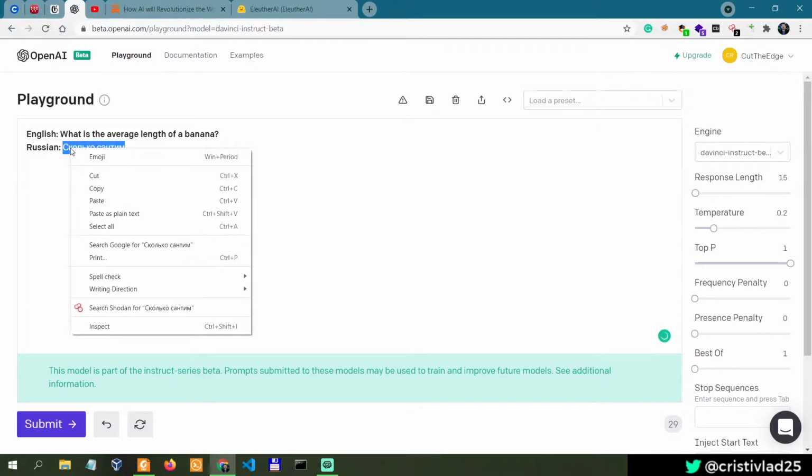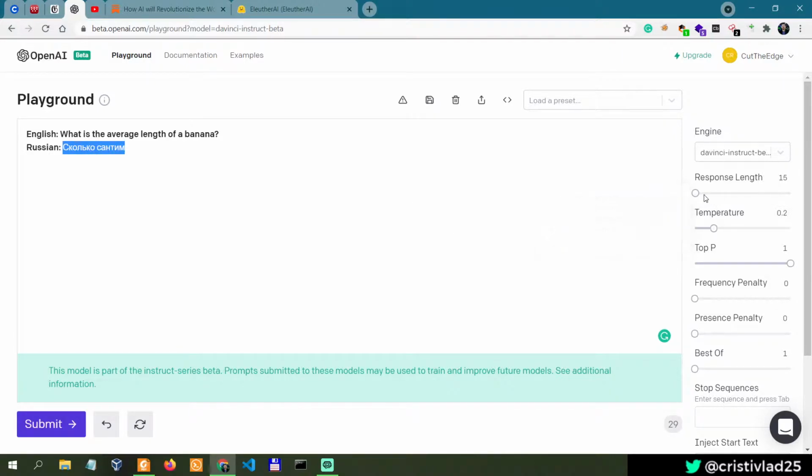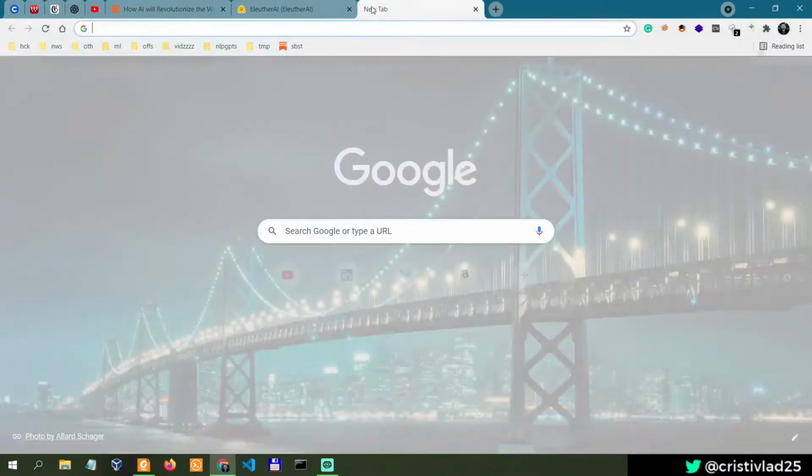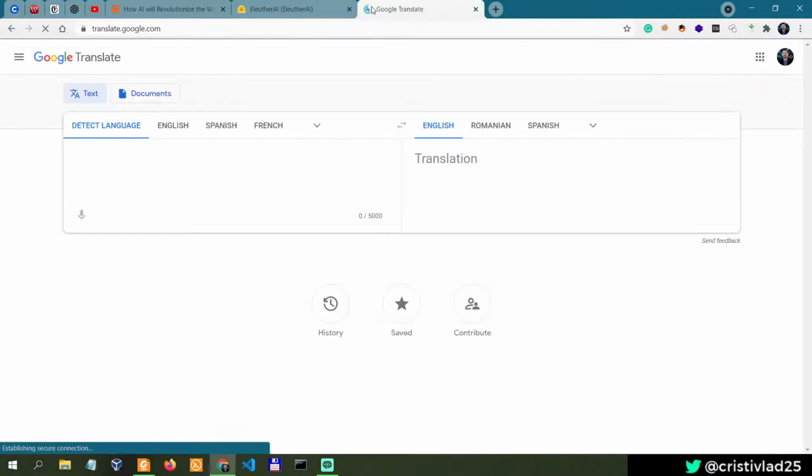Can we translate this back to English? What if we do a temperature of 0.3, and then let's feed this into translate.